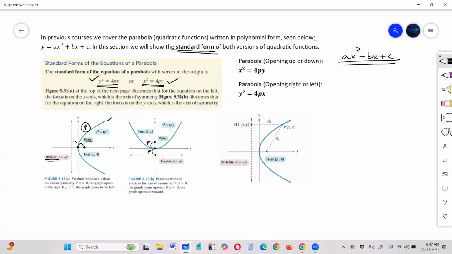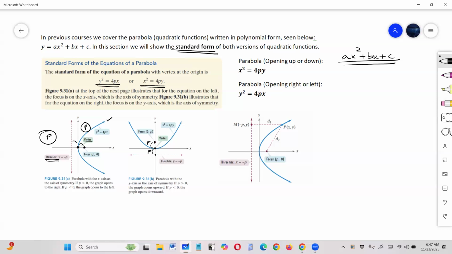Now, once we've determined whether I have a parabola that opens up or down, or right or left, then we take a look at the p. And I will discuss that in a minute.